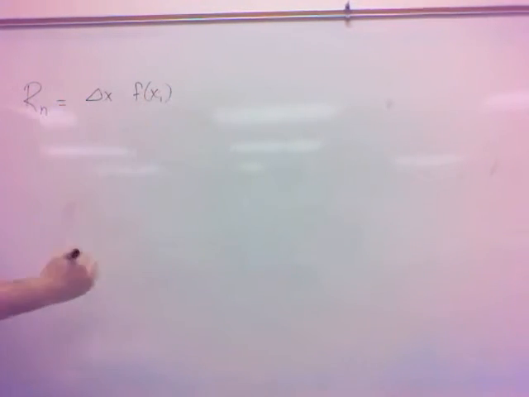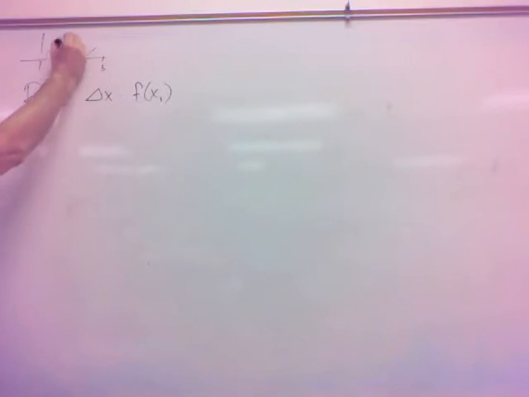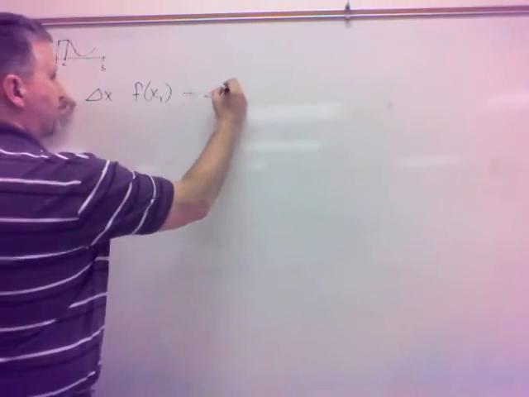Well, it's f of x1, whatever the first right-hand endpoint is. If I've got this curve here, here's A to B. The first one is there, x1, that's my first endpoint, the right endpoint.